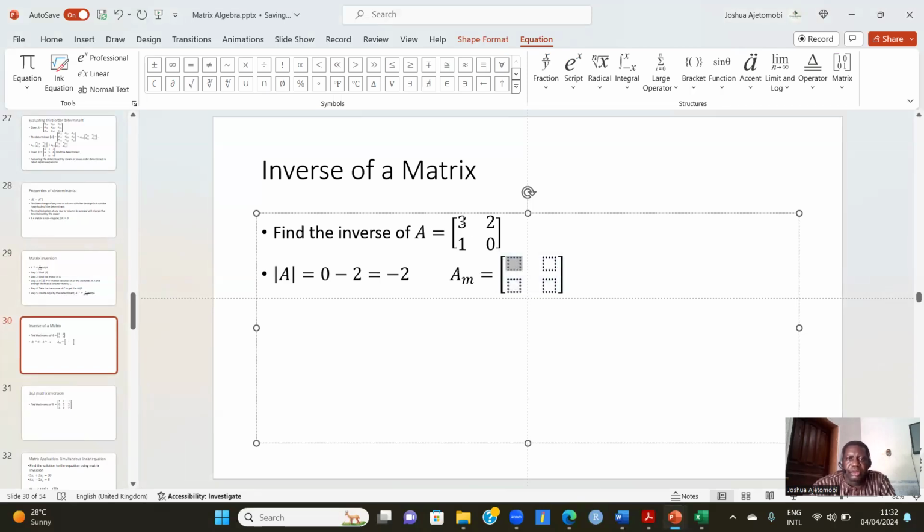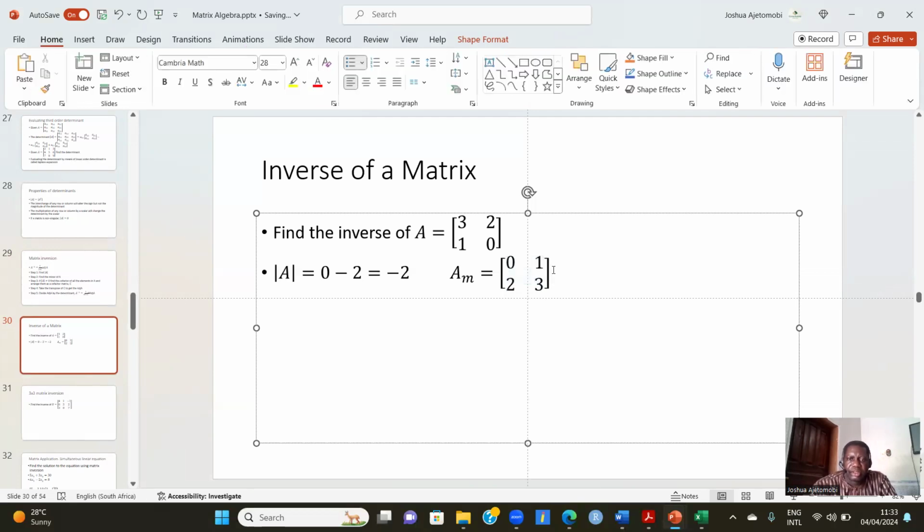So the minor of 3, for instance, cancel this column, cancel this row. What is left is 0. For 2, it will be 1. For 1, it will be 2. And for 0, it will be 3. So that is the minor.